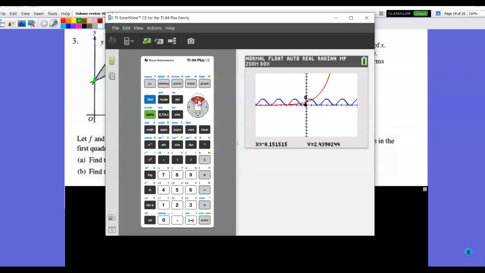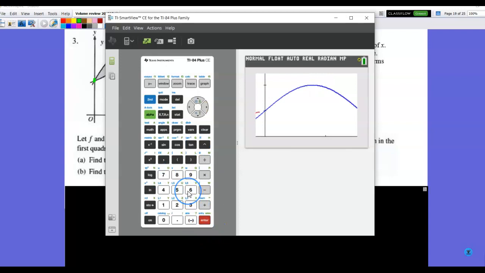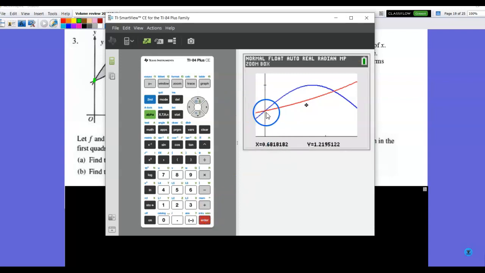It's kind of like using a mouse. Now don't press enter. Now I'm going to open the box to the right. I'm just capturing the region that I want to blow up or box up. Okay, and that captures that point of intersection. And then when I press enter, it's going to set a beautiful window for me based on the box that I created. That's lovely.